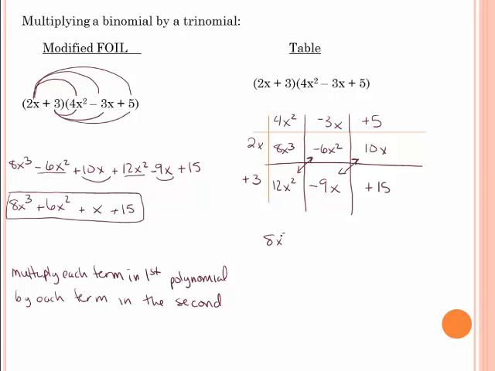So I have 8x to the third, 12 minus 6 is 6x squared, negative 9 and 10 is 1x, and then the 15. So when you get to the larger polynomials, sometimes the table method is preferable because it keeps everything neat and makes it harder to lose track.